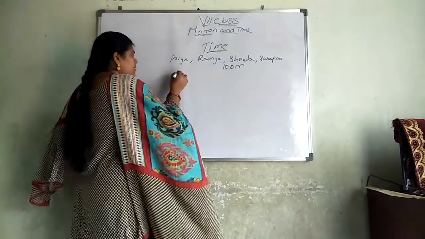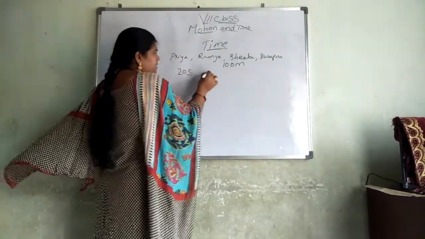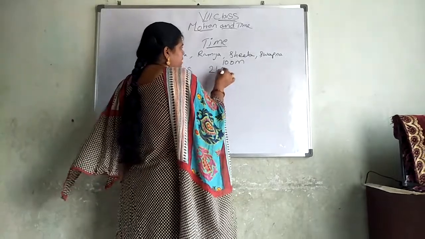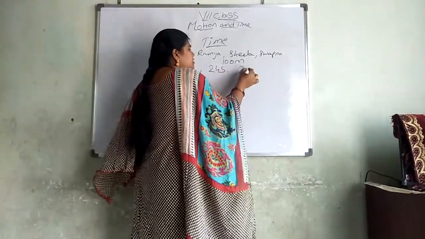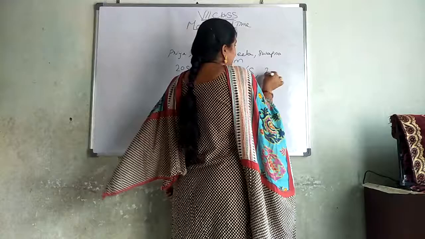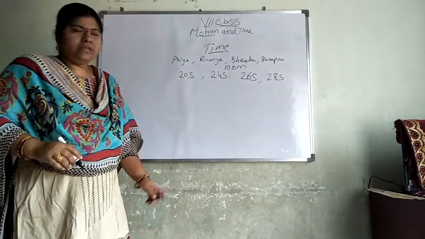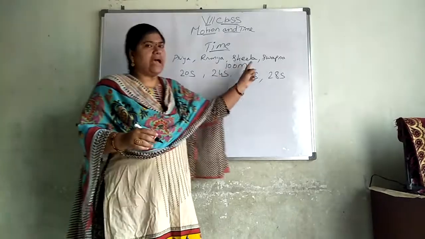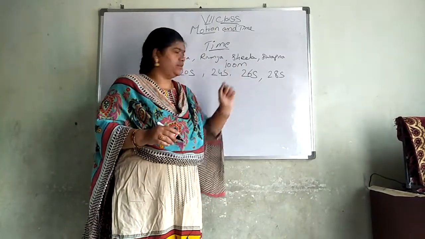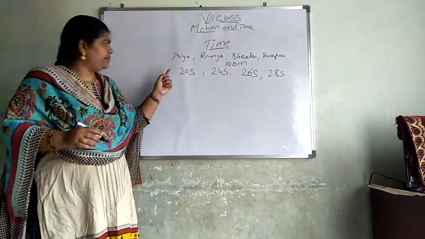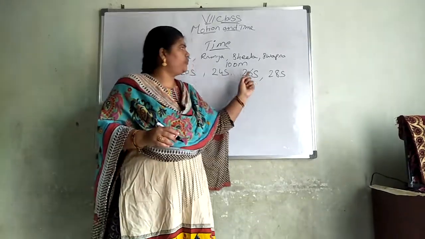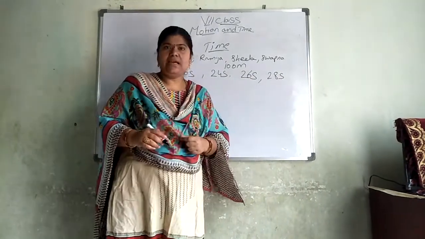Here, Priya completed in 20 seconds, Ramya completed in 24 seconds, Sheila completed in 26 seconds and Swapna completed in 28 seconds. Try to understand. These four are in the running race of 100 meters and the time taken by Priya is 20, Ramya is 24, Sheila is 26, Swapna is 28.